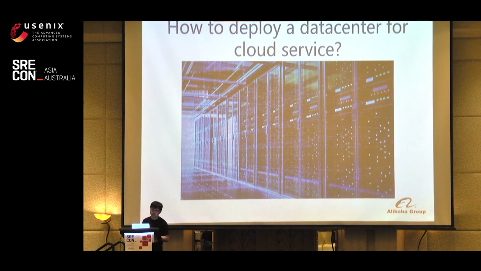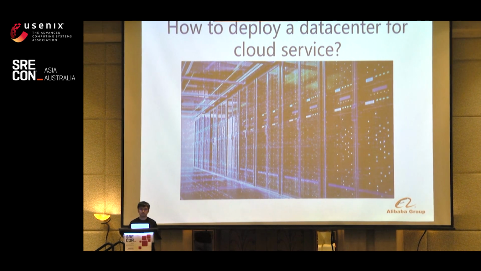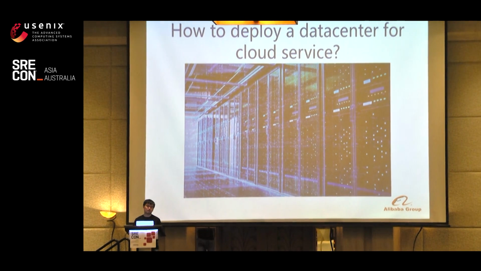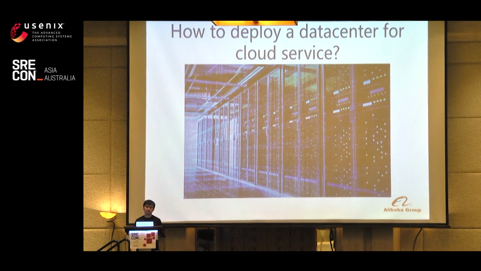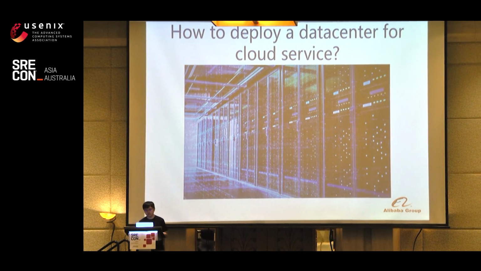Let's think about how to deploy a data center. In the early days of Alibaba, we built a data center just from the data center itself, the racks, the network, the servers. So mostly we just thought about power saving and how we can put more servers in the data center.